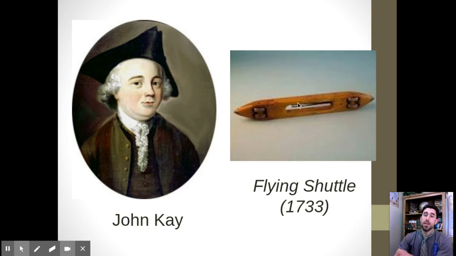But this is the thing that would shoot back and forth, and you would put a bobbin or a spool of thread right here in the middle, and it would unravel as that thing shot back and forth between the threads as you lifted and lowered them. There's a lot more terminology if you were an expert weaver, which I am not.